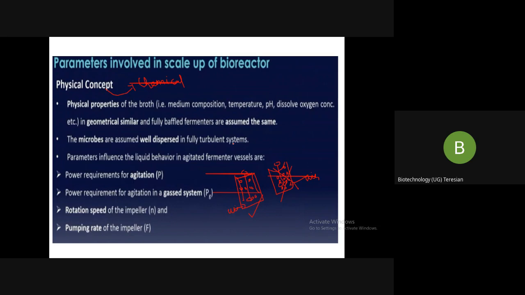So the microorganisms should be well dispersed in a fully turbulent system. That is, our fermenters are turbulent because there is a lot of stirring happening, air is being sparged into it, impellers are stirring, and a lot of biochemical reaction is happening, so they are not stable.